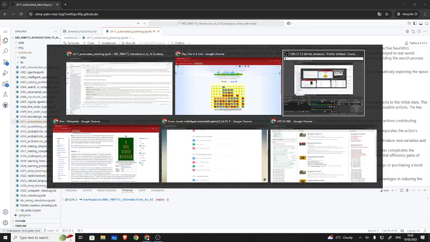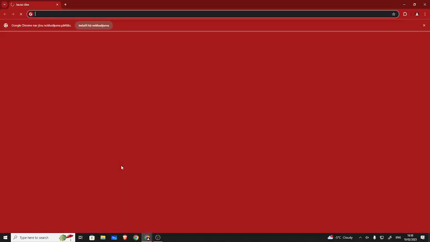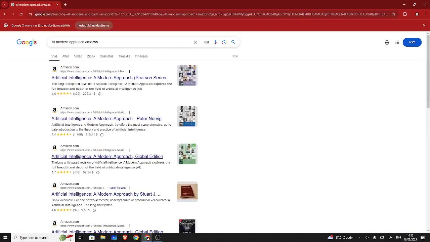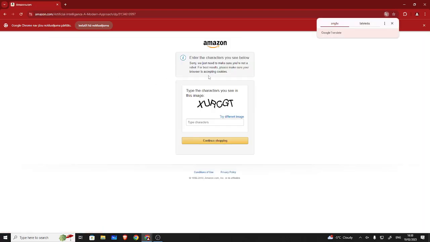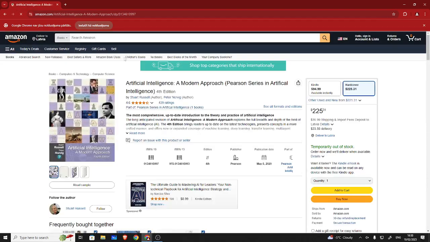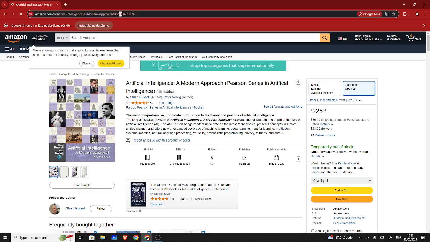If you go to Amazon, let's see, AI: A Modern Approach, this book. And we go here. I hate when you're doing anonymous browsing, it's a pain because almost nobody likes you then. So this code is a 10-digit ISBN.